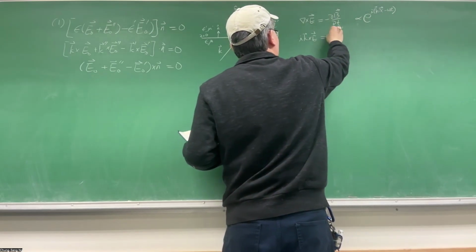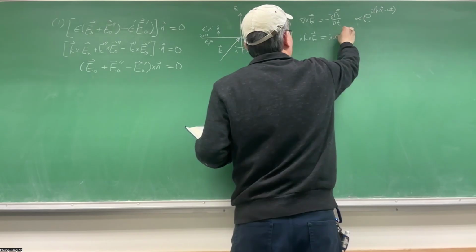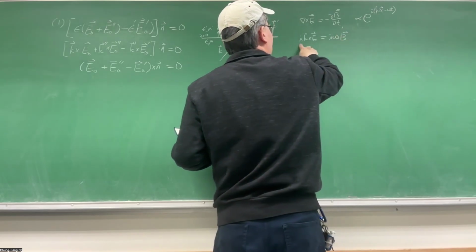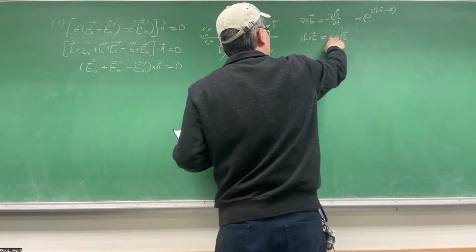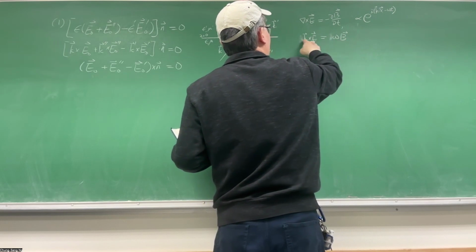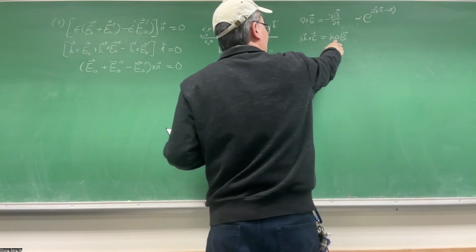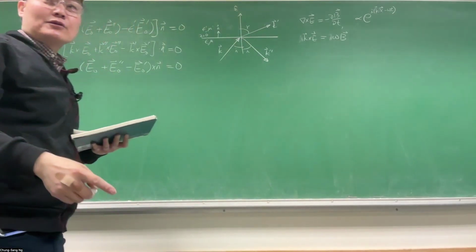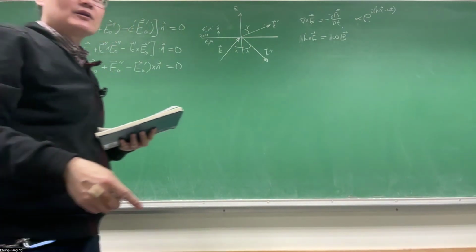Minus cancels, becomes i omega, so that you cancel the i. So B is basically k cross E divided by omega. Omega is always the same, so you don't need the mu.